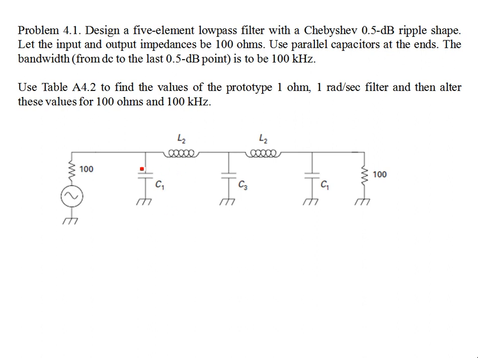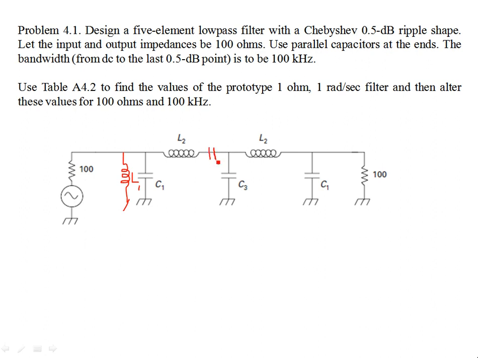If you just look at the elements, all you have to do is to replace this C with a parallel LC element, like this. Let's call this L1. This is C1, and for the series inductors, you have to replace the series inductor by a series LC combination.